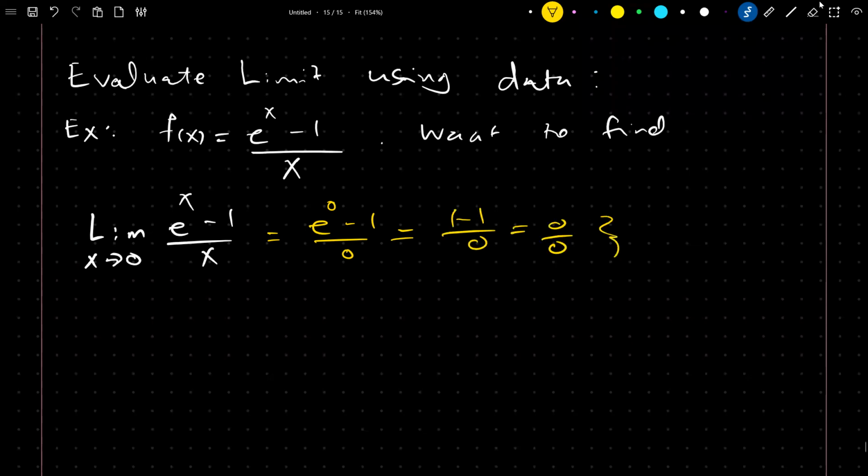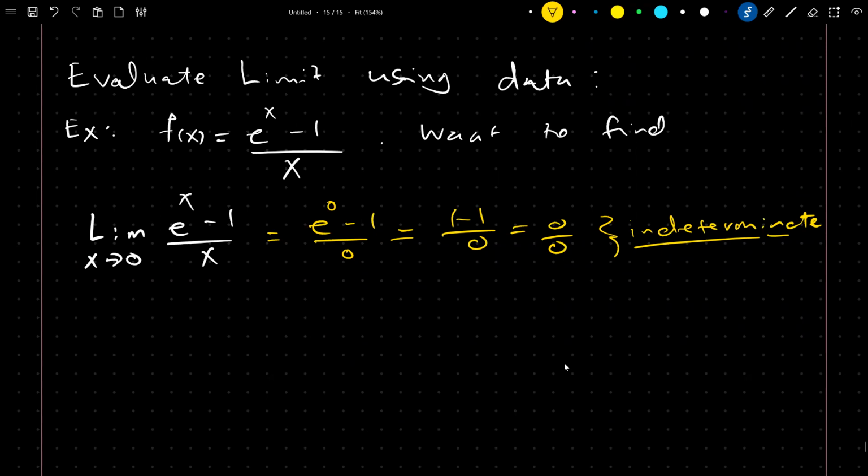And this is called indeterminate, which later on we'll look at a shortcut for when we have limits that are indeterminate. But right now, we don't have any tools to deal with an indeterminate situation when we're taking the limit.